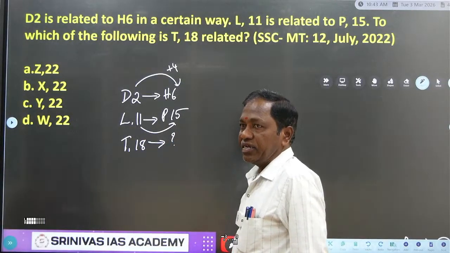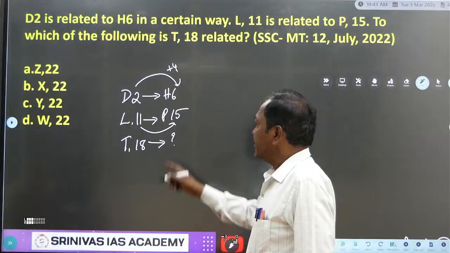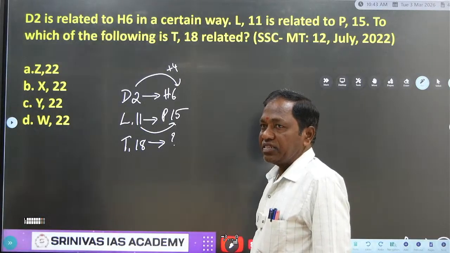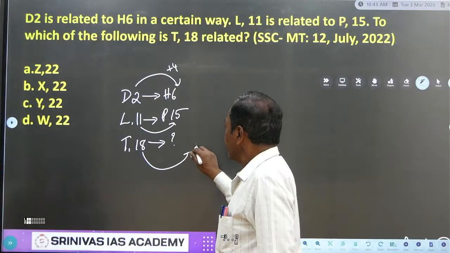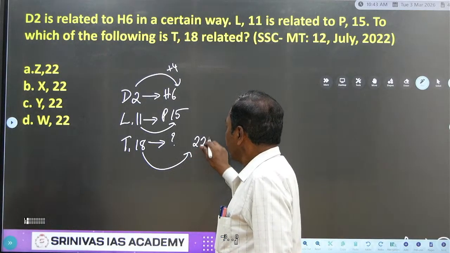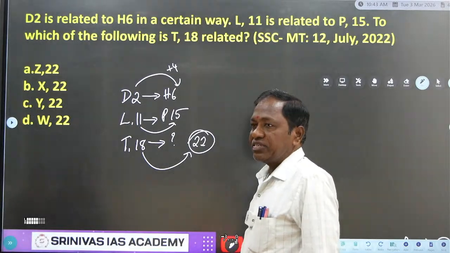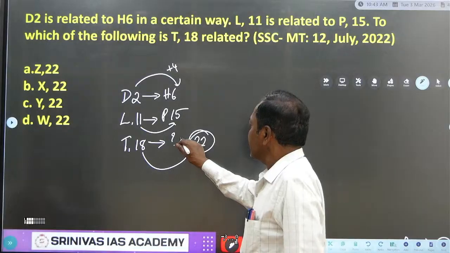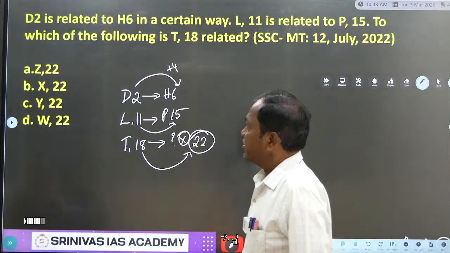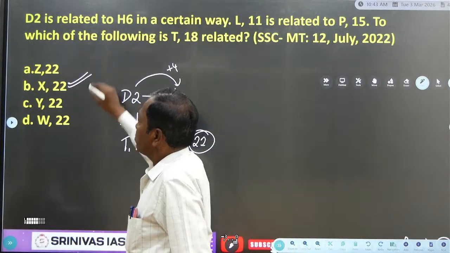L is the 12th letter, P is the 16th letter, 12 plus 4, 16, right. Now 18 plus 4 is 22. And T is the 20th letter, 24th: U, V, W, X you can take. X, 22. This is the option.